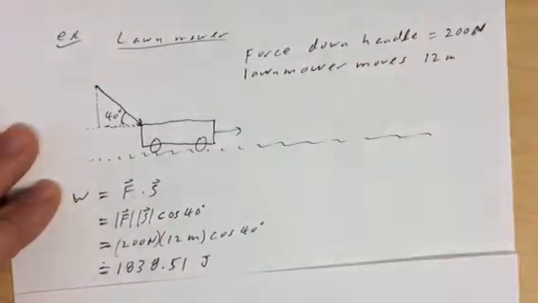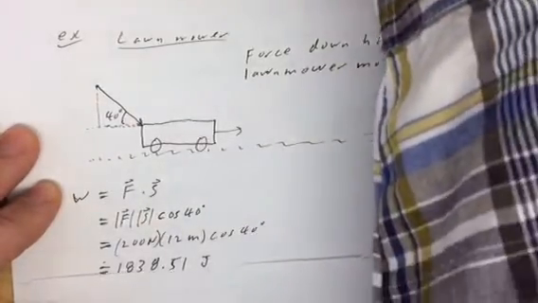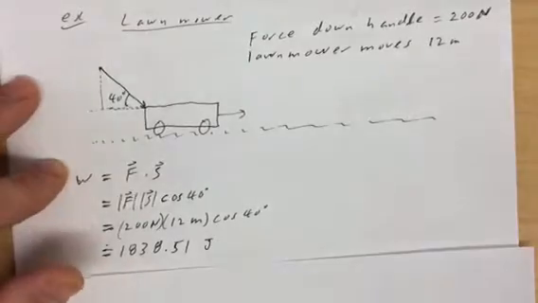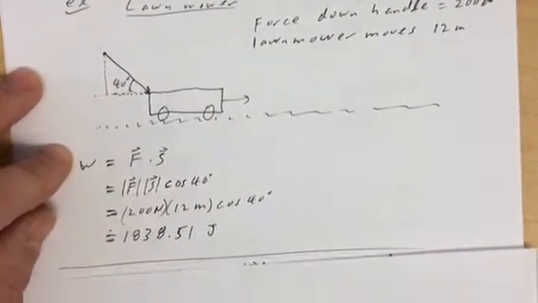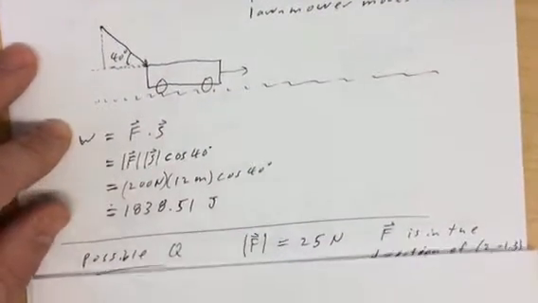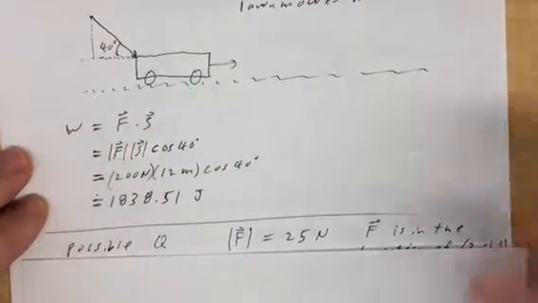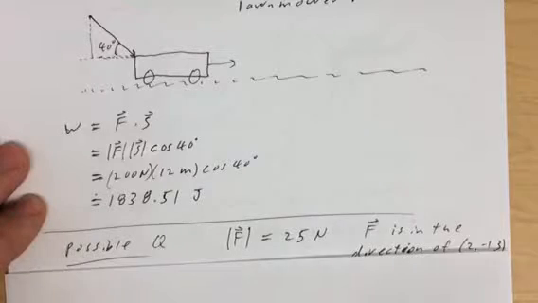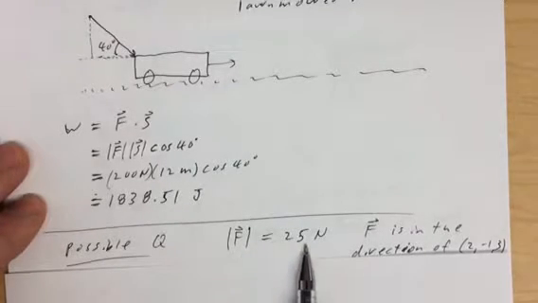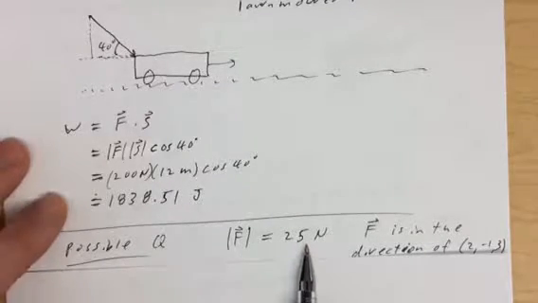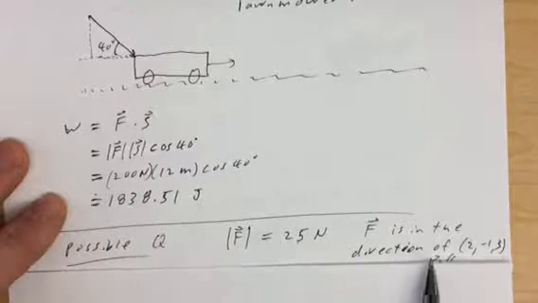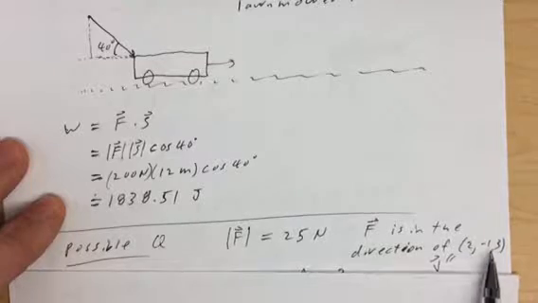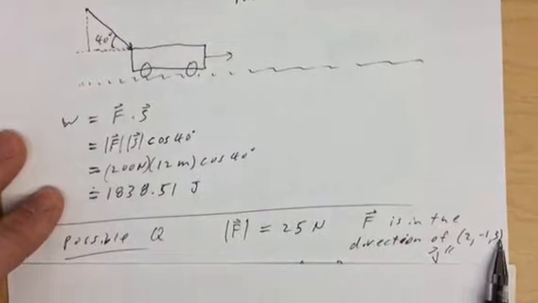Now another way of looking at this is as if everything was given in coordinates. Here is a possible question that could be asked. I'm not going to solve it completely, I'm just going to set it up mostly. Imagine that you have a force that is 25 newtons, acting in the direction of this vector v here, which is (2, -1, 3).